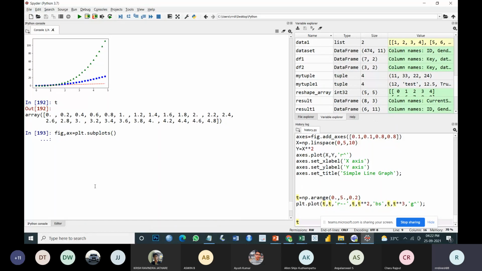Then ax dot plot of x comma x to the square, comma label equal to y equal to x to the square. ax dot plot of x comma x to the cube, label equal to y equal to x to the cube.